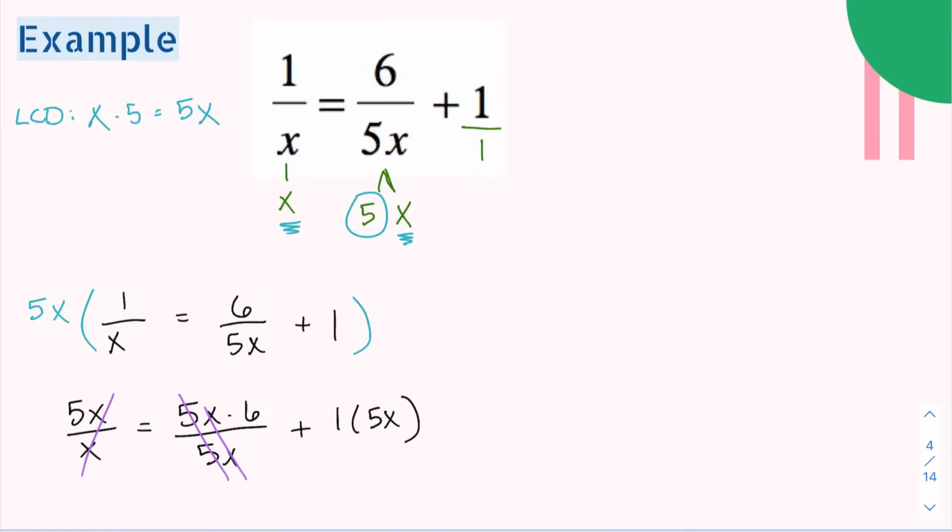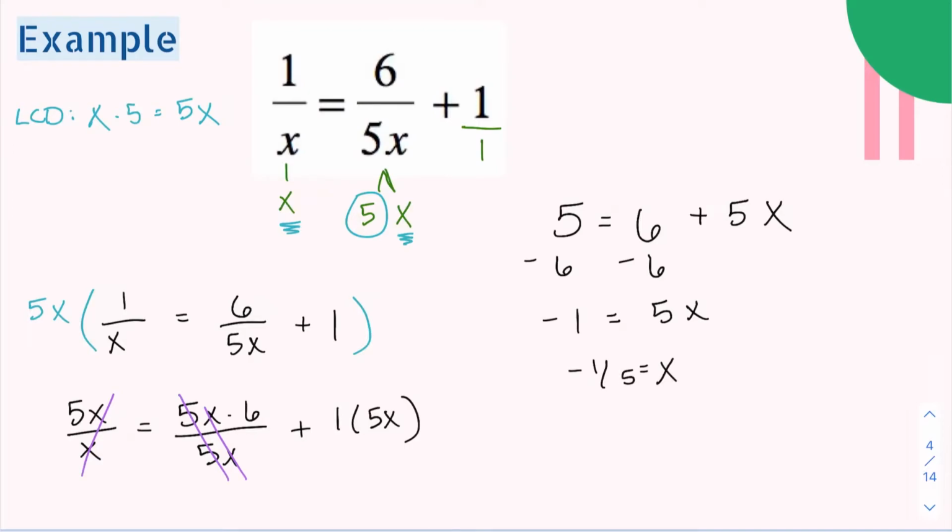So then I'm left with 5 equals 6 plus 5x, and now I no longer have a rational expression. It's linear. Subtract 6 from both sides. Divide both sides by 5. Negative 1/5 equals x.